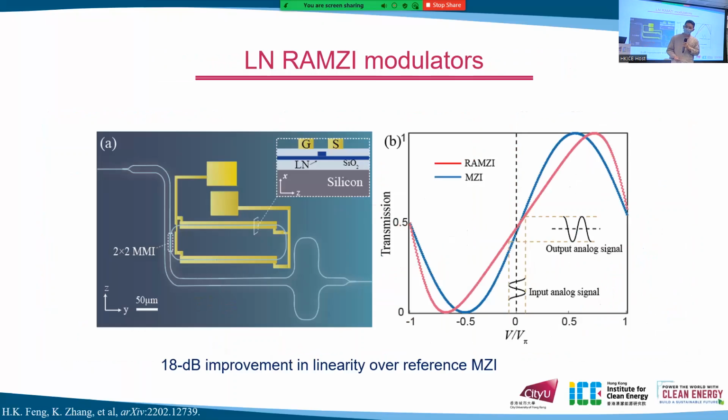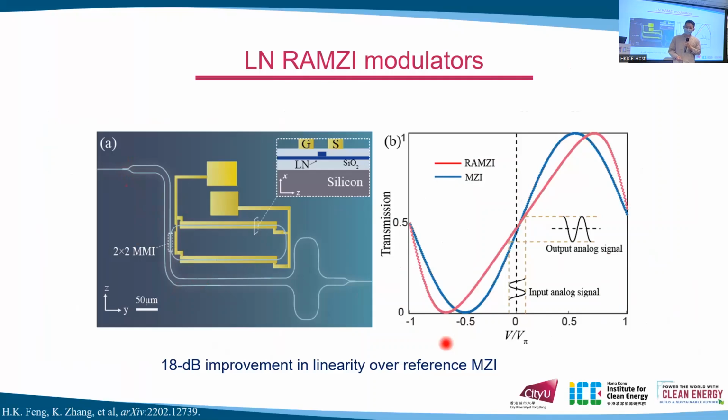So this picture shows the structure, and the right-hand picture shows RA-MZI. We can see a very linear spectrum. As a comparison, MZI has a sine-like profile.